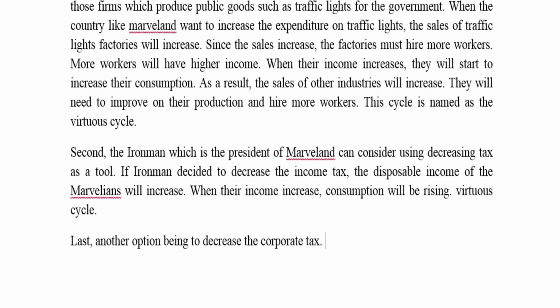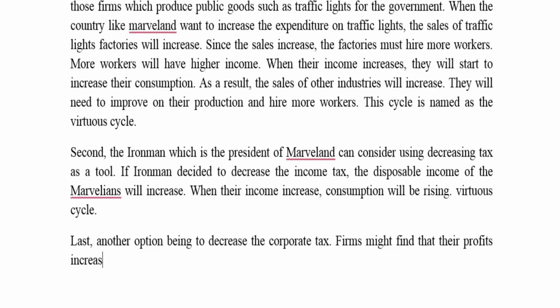Okay, so when we talk about corporate tax, it's about firms. Firms might find that their profits increase since they have to pay lesser tax.